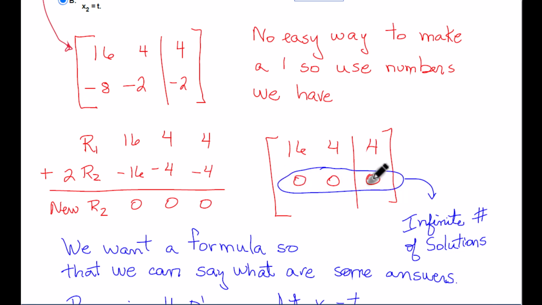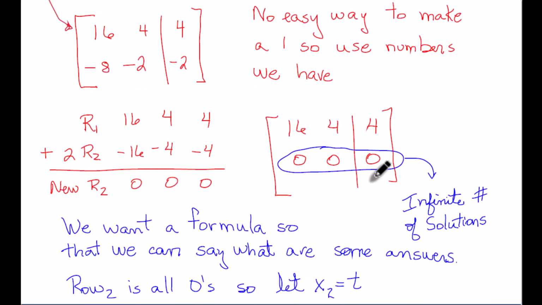And if I get a whole row of zeros, that means I have an infinite number of solutions. Or if I graphed these two lines, it would tell me that they are the same line and they are touching at every spot. So I want a formula that I can generate all of the answers.